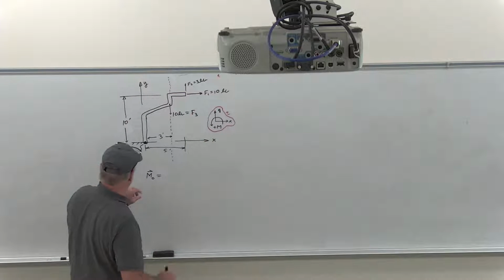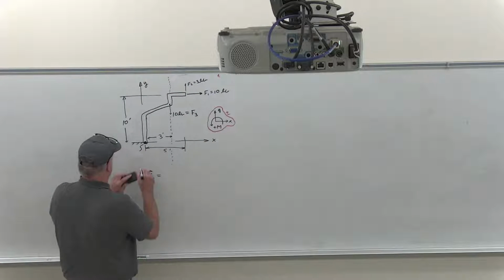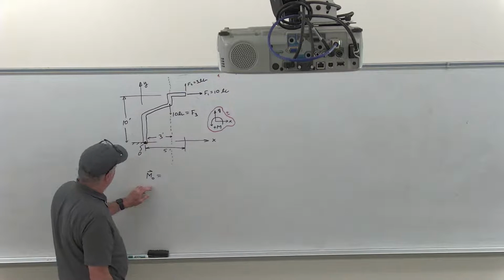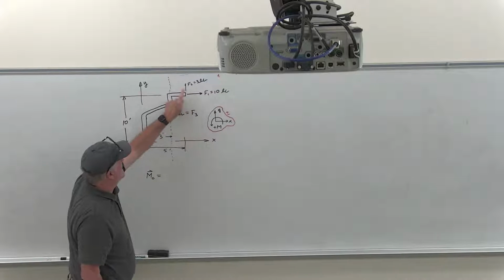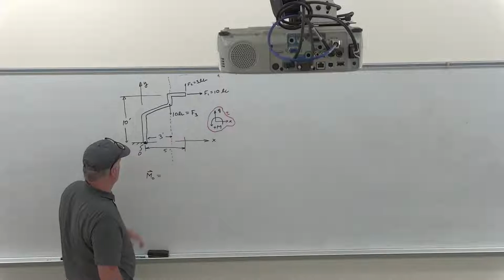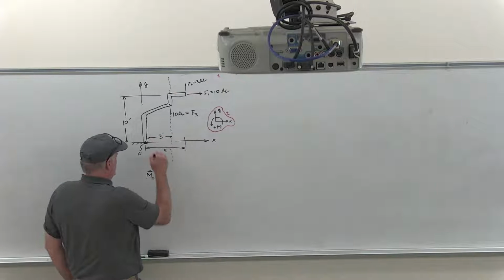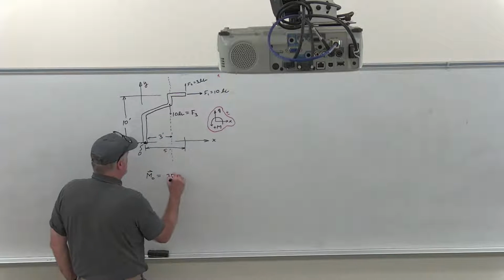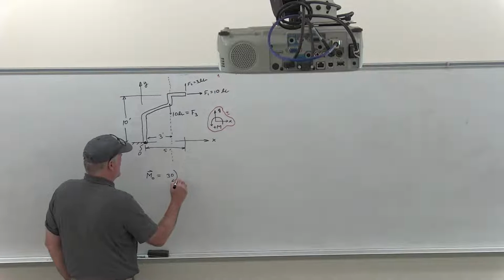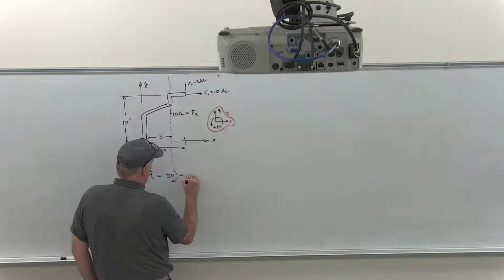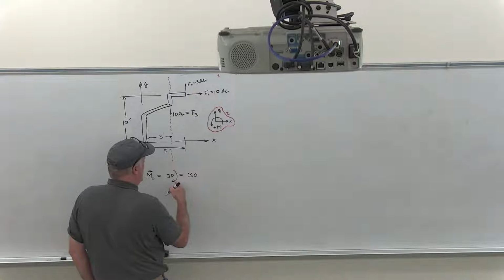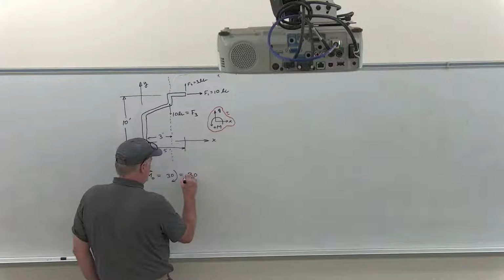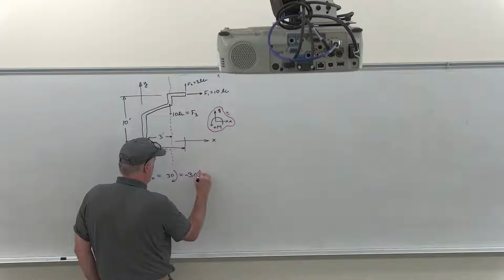My moment at the origin, I'll call this M_O, from just that force. We'll add these two in a minute, but we're just going to do that one. It's going to be 10 times 3, or 30, but it is going to go like this. If I want to write it in vector form, it's going to be 30, and it's going to be the other way, minus, and it's going to be a K.